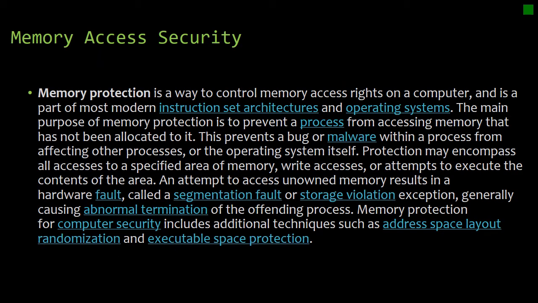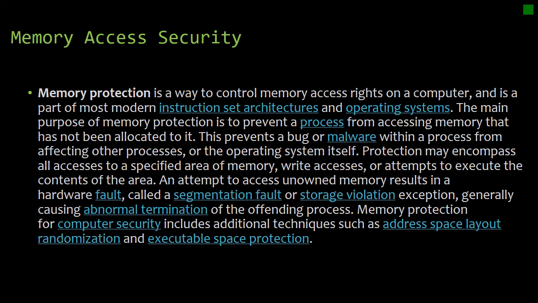So because of this, we need to have protection on our data. So that's why we have memory access security. Memory protection is a way to control memory access rights on a computer and is part of most modern instruction set computers and operating systems. The main purpose of memory protection is to prevent a process from accessing memory that has not been allocated to it.